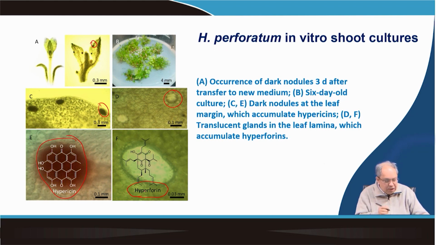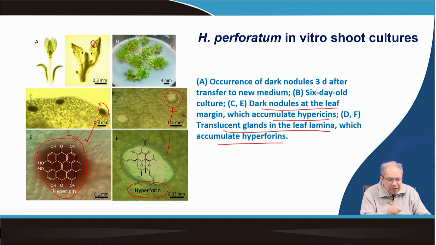Structurally these are different, as you see there are a lot of phenolic rings joined to form hypericin, but that is also formed by polyketide synthase activity. So, that way there is a relationship between these things. Dark nodules accumulate hypericins, whereas translucent glands accumulate hyperforins, as I said. So, this is for the hyperforin and this is for the hypericin.